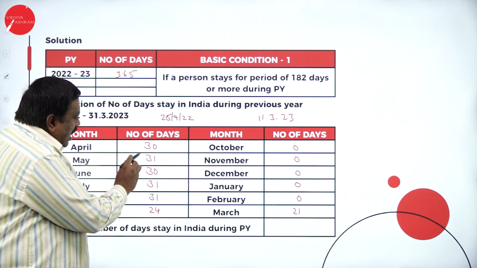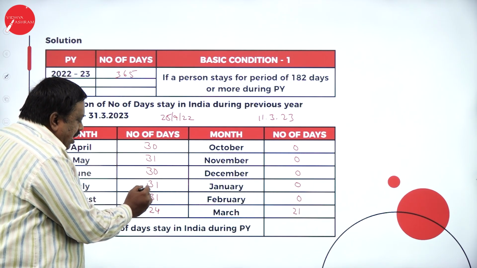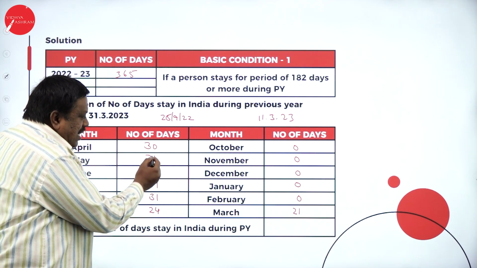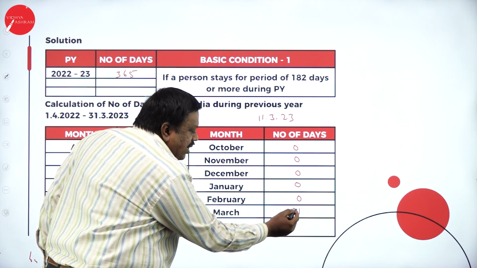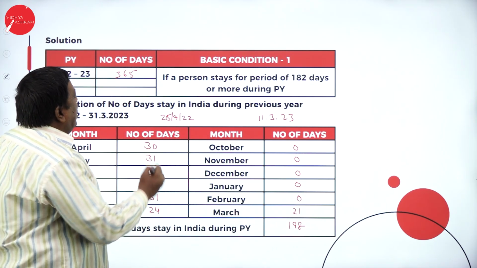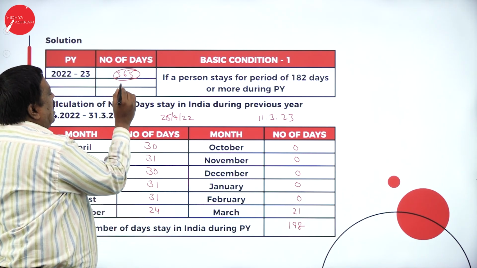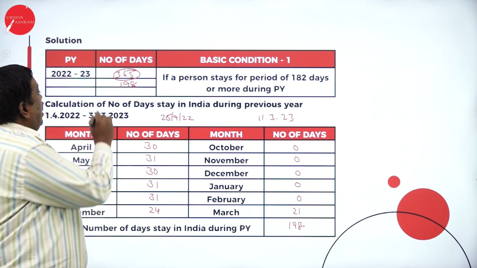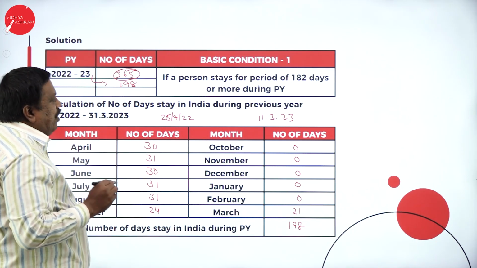So totally, 30, 60, 90, 120, 150, 170, 174, 175, 176, 177, 178. So totally in India, I was 198 days. Out of 365 days, I was in India for 198 days during the previous year.